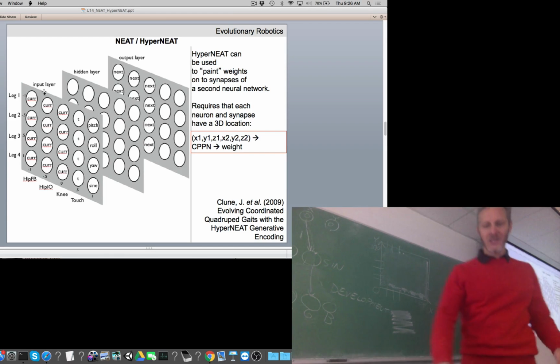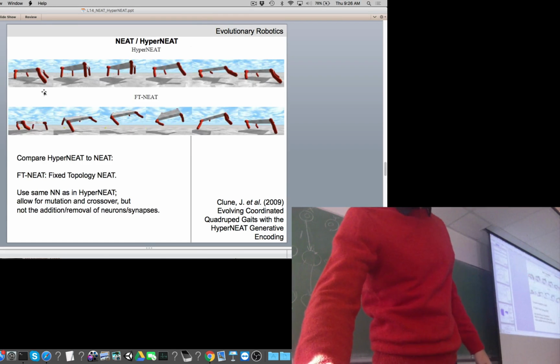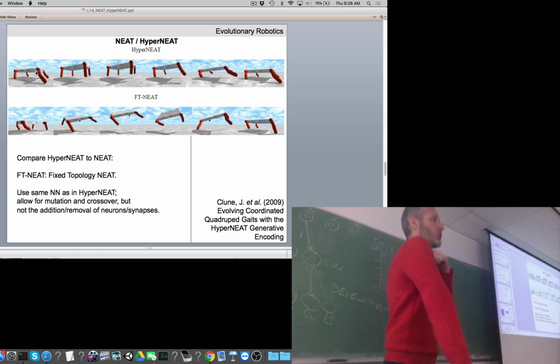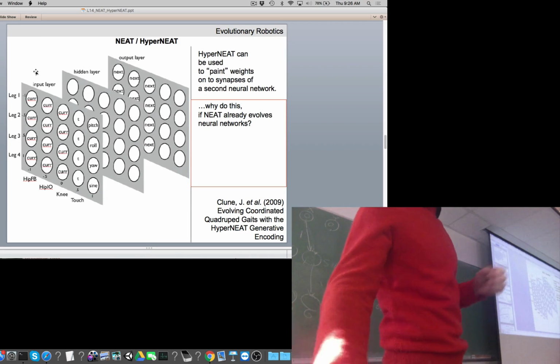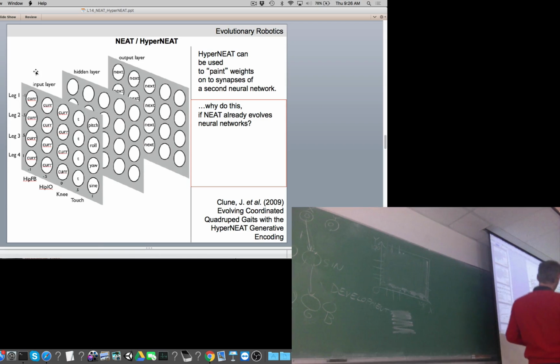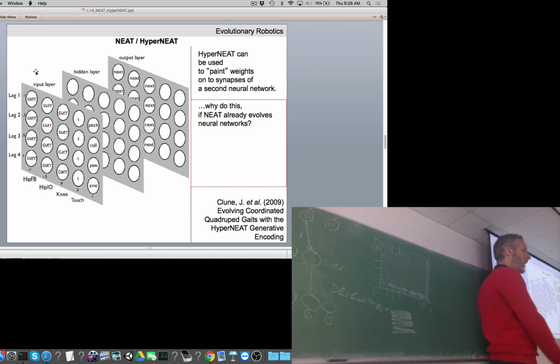The reason why is because each leg in this quadruped has 2 hinge joints at the shoulder to allow this, and 1 at the elbow. So we've got 4 legs. Each leg has 3 motors, which gives us a 4 by 3 output layer. So we've got a total of 12 output neurons. So far, so good? Okay.